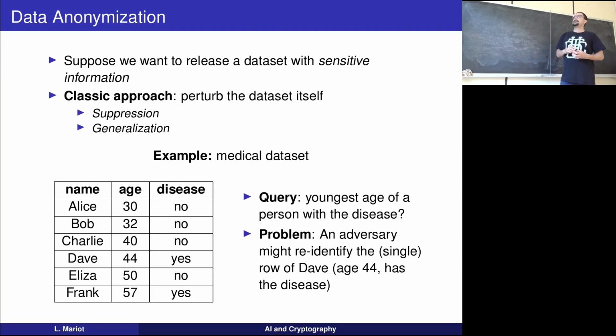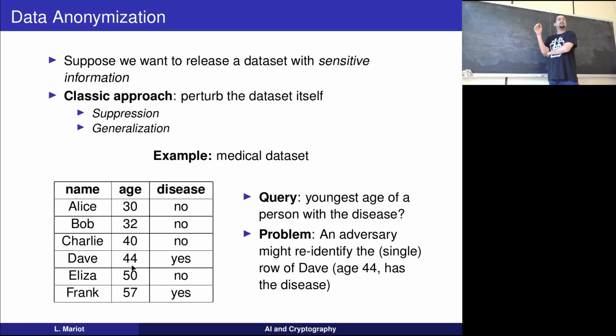Well, the problem is that since the age attribute is kind of an injection over the row space, we have different values for each different row. We are able to still find out what is the youngest age where we have the disease.